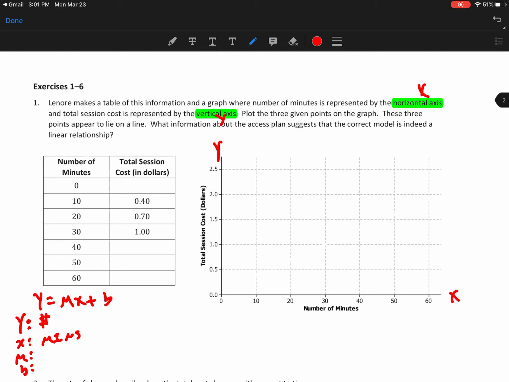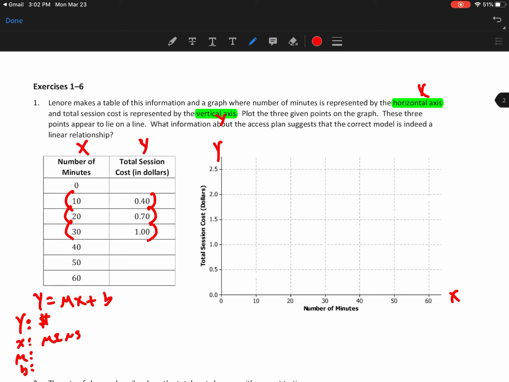We see that right there, because they put number of minutes on the x-axis and cost in dollars on the y-axis. Okay, plot the 3 given points on the table. These 3 points appear to lie on a line. So if this is x and this is y, we have 3 x, y coordinates, correct?